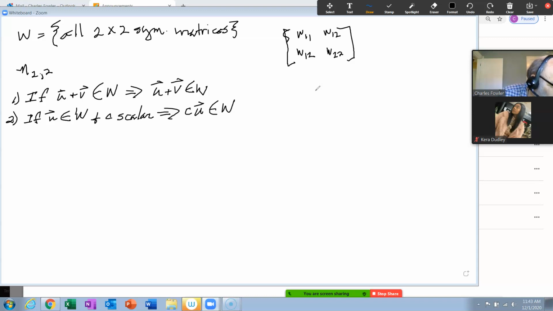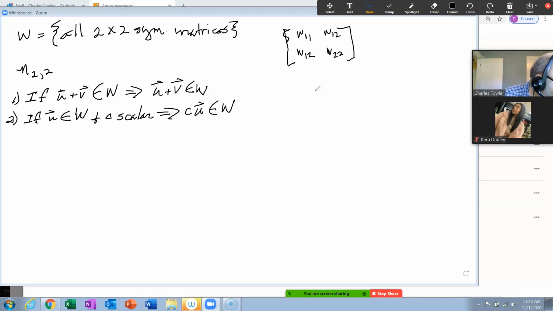Now they start by observing that W is non-empty. Well, of course it's non-empty. It contains 2 by 2 symmetric matrices, so that doesn't matter. So W is closed under addition. Well, let's see if that's true.